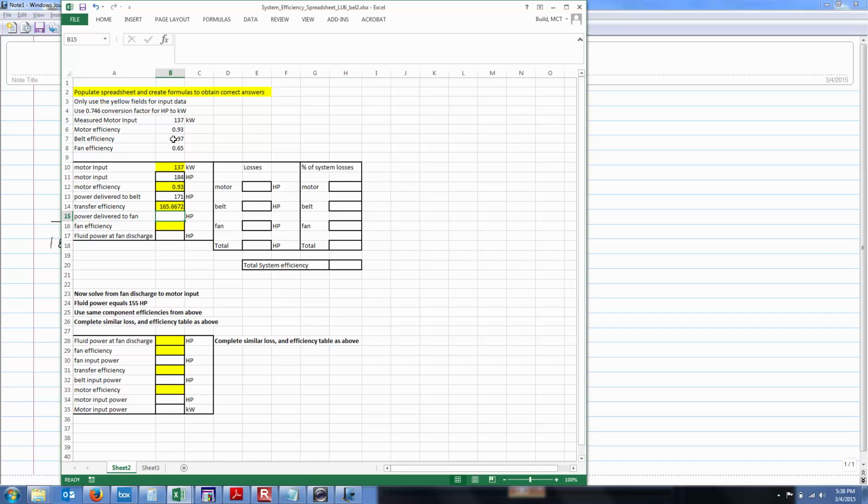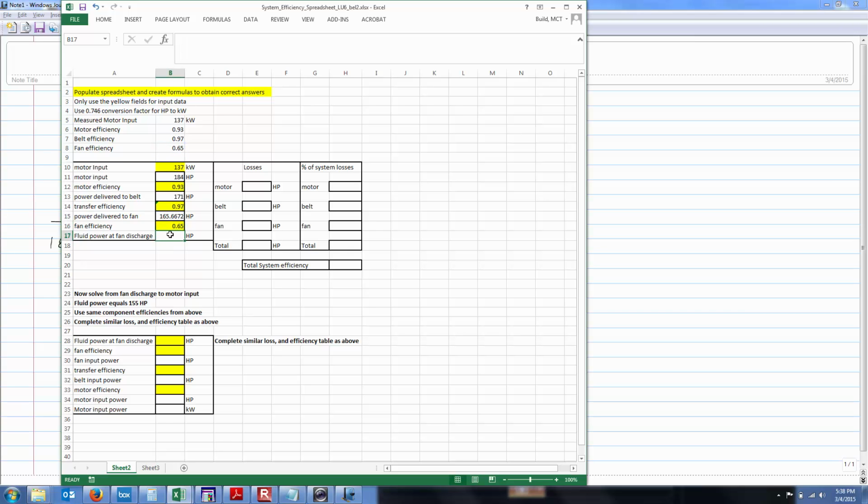Oops, no, that equals the efficiency. There we go. Now the power going to the fan equals the power coming out of the motor times the belt efficiency. The fan is 65% efficient, so that just equals that number.